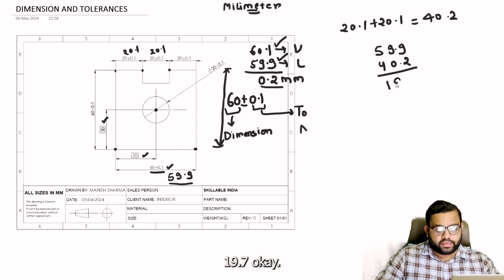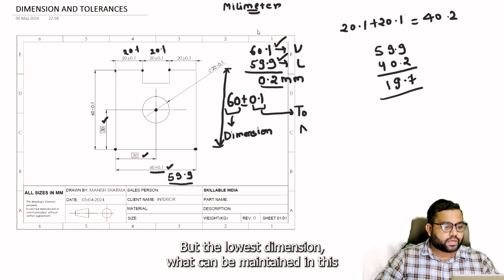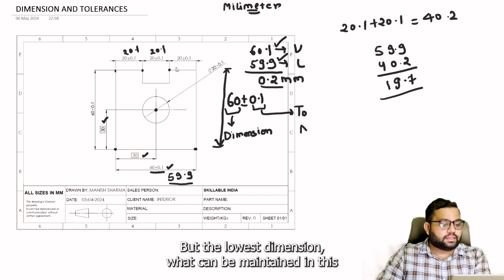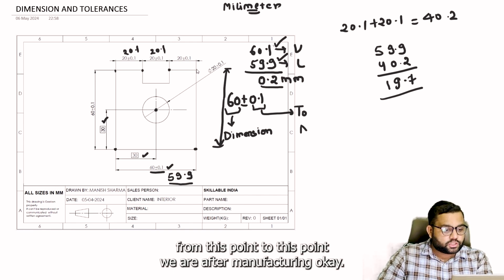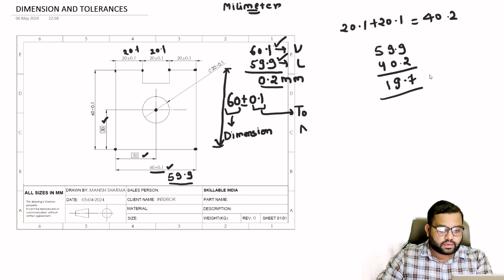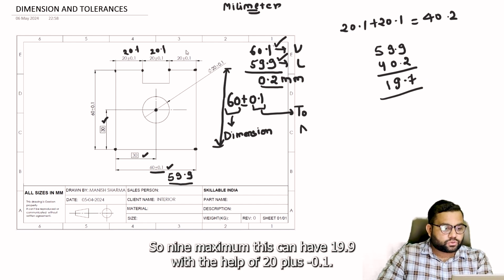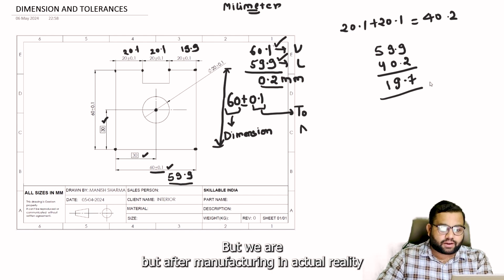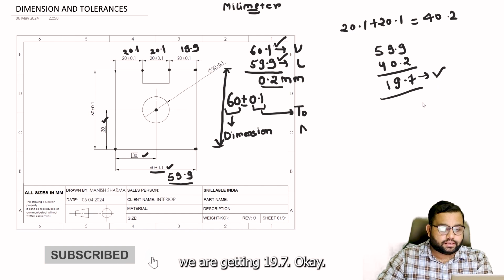So, with 40.2, what we get over here is 19.7. But as per the drawing, this dimension should not be less than 19.9. Maximum deviation allowed with 20 plus minus 0.1 gives 19.9, but after manufacturing, in actual reality, we are getting 19.7 mm.